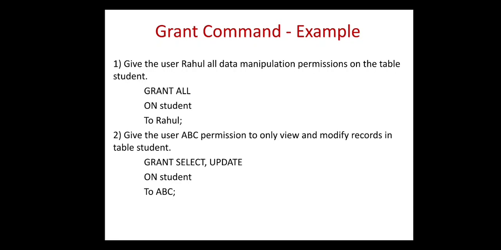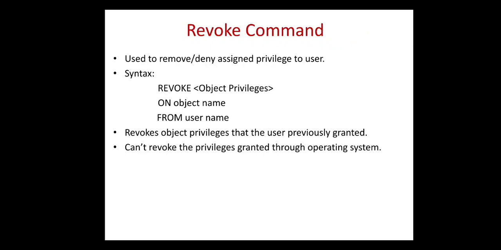Our syntax is GRANT object privileges ON object name TO username. So it is GRANT ALL ON student, that is the name of the table, TO Rahul. And lastly, a semicolon, as every SQL query is terminated by a semicolon.